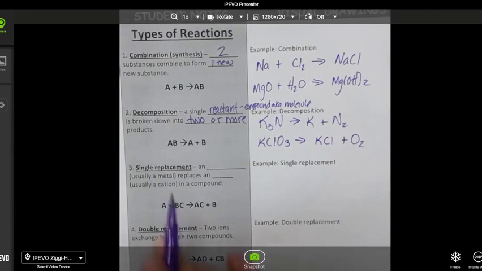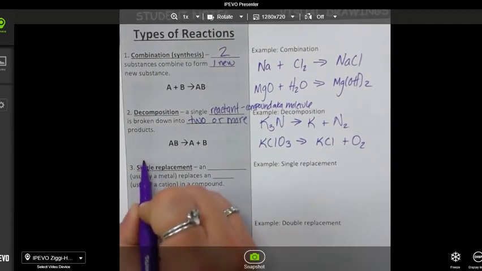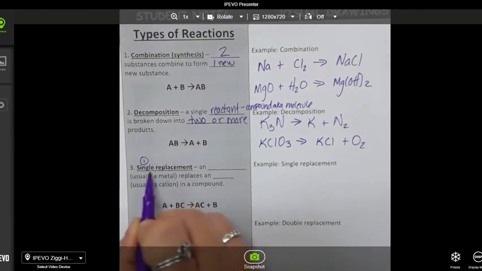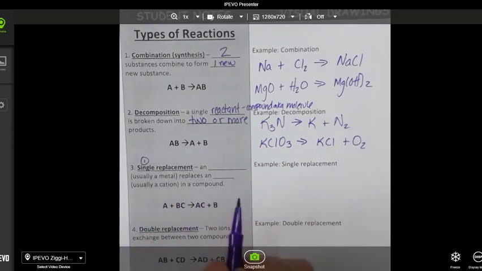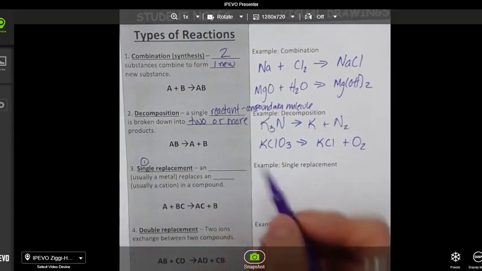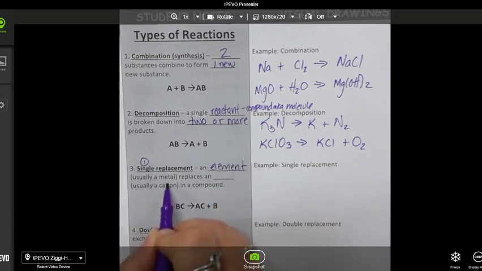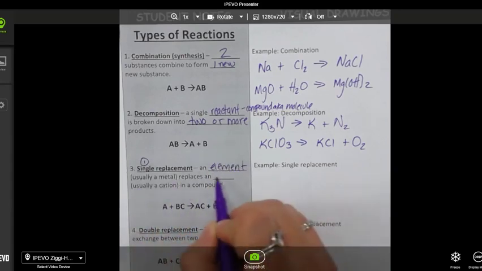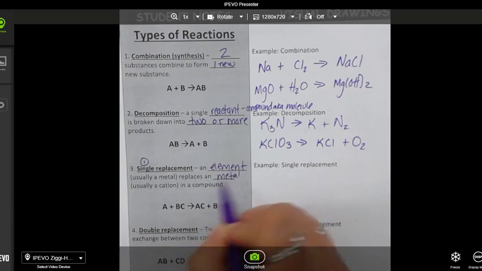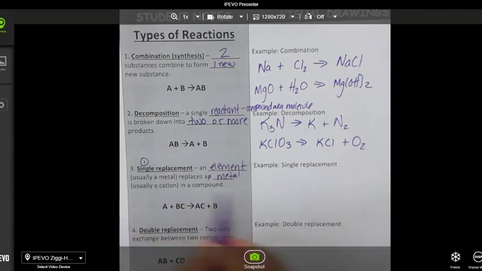Next example are single replacements. And single replacement, single means one. One thing is replaced. And when this happens, this is when an element, which is usually a metal, replaces a metal, which is usually a cation in a compound. So if we look here, something is going to start with someone and it's going to end up switching.